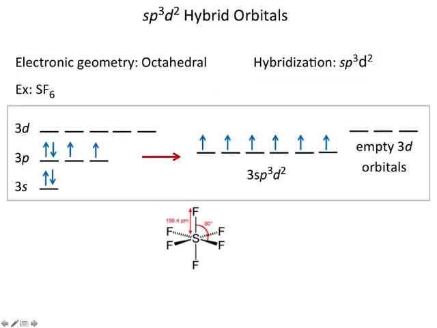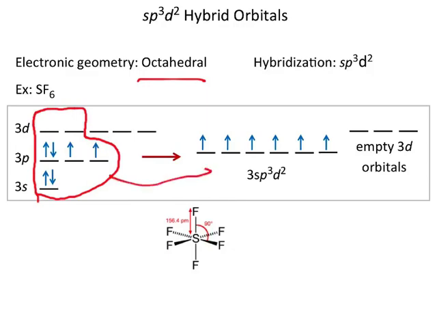Okay, finally, if you have an octahedral electronic geometry, then you need to take an s orbital, 3 p orbitals, and then 2 of the d orbitals, and you bring these together and you get sp³d² because it came from an s, 1, 2, 3 p orbitals, and 1, 2 d orbitals.